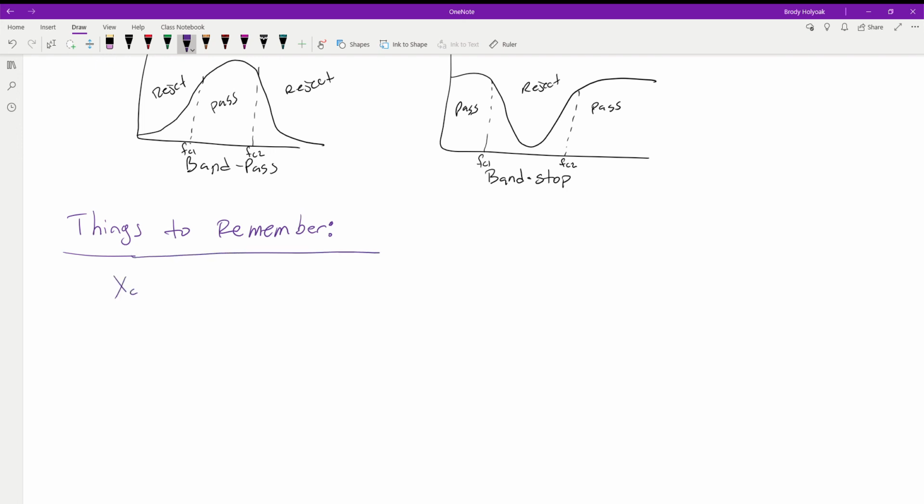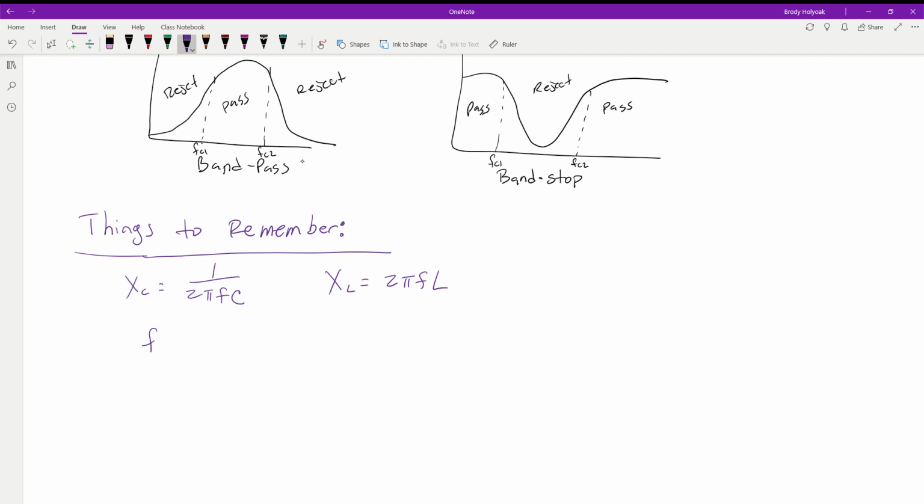Okay, things to remember. The capacitive reactance formula is equal to 1 over 2 pi times the frequency times the capacitance. The inductive reactance is equal to 2 pi times our frequency times the inductance. So remember that as frequency goes up, our X of C goes down.